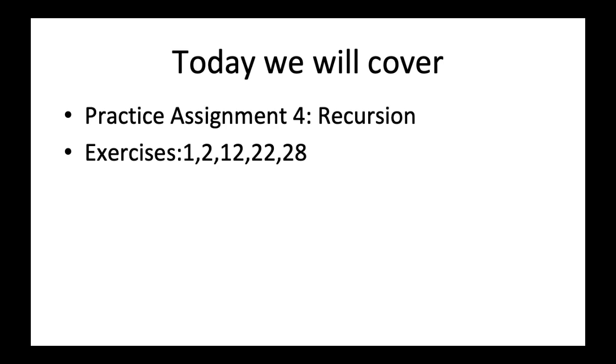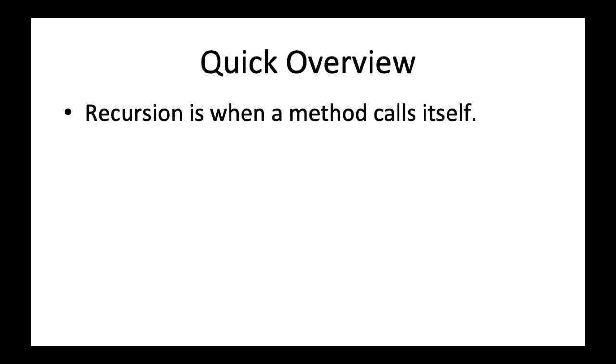So let's have a quick overview on recursive methods. A recursive method is a method which calls itself. Recursive methods are usually quite short and can solve a problem in a few lines.